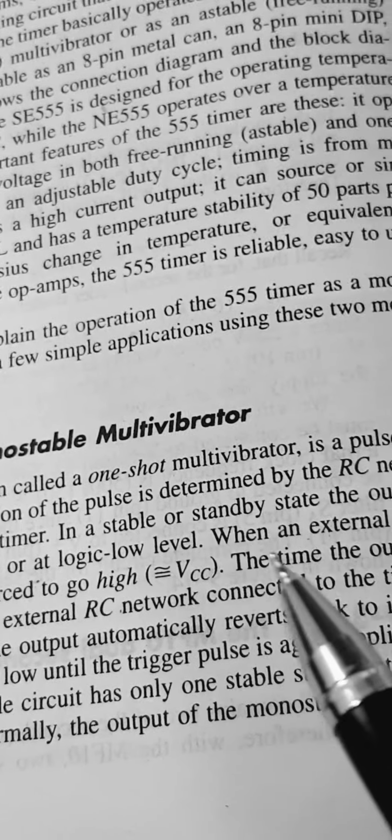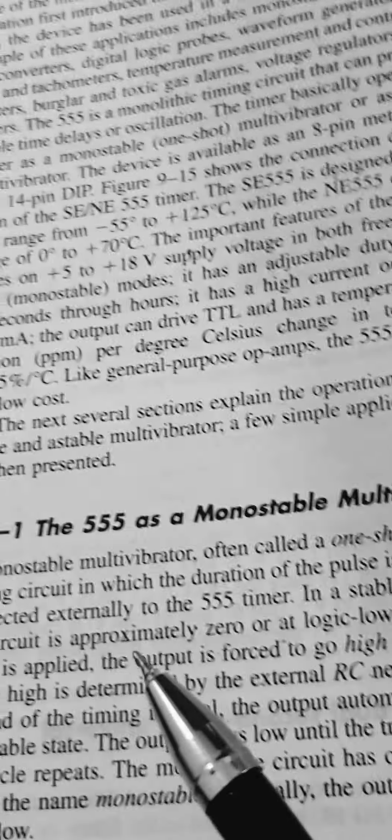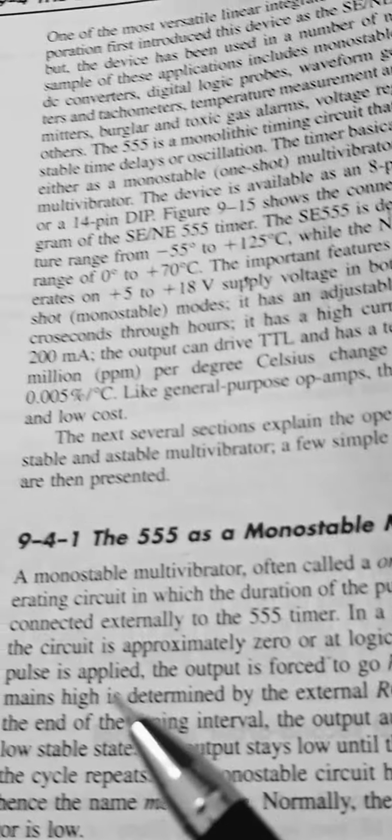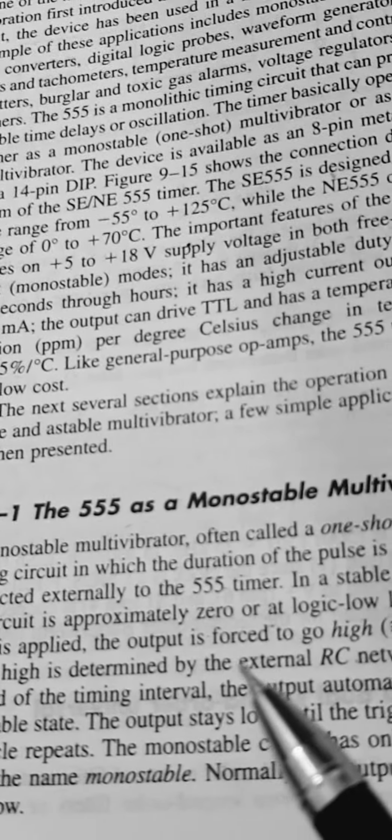In a stable or standby state, the output of the circuit is 0, or at a logic low level. When an external trigger pulse is applied, the output is forced to a high VCC.